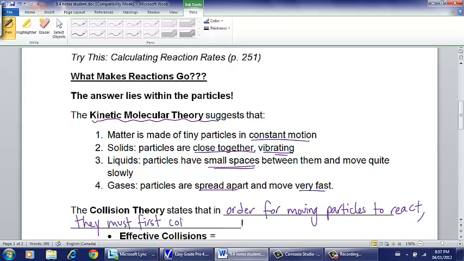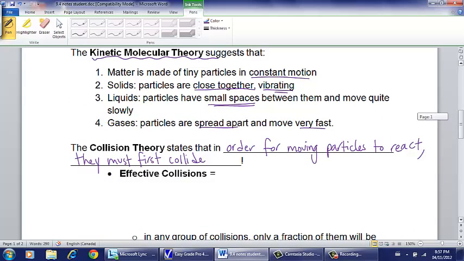And this should make sense. In order for particles to undergo any kind of reaction, they have to come into contact with each other. And not only do they have to collide, they have to have what is called effective collisions. And these are collisions that have enough energy to overcome the repulsion between reactants and break down the necessary forces and to bring about the reaction.